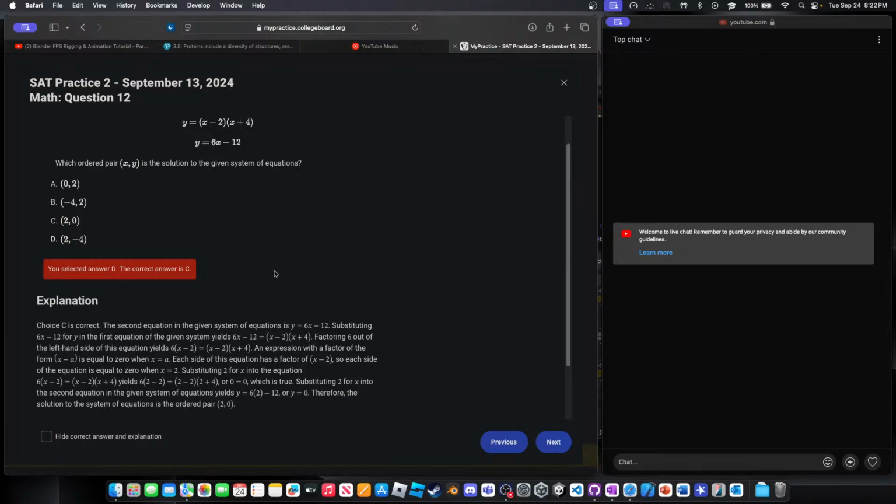Oh, what they did is they factored out 6 from 6x minus 12, so you would get 6 times x minus 2 is equal to x minus 2 times x plus 4. And now you can just cross x minus 2 out after dividing on both sides, and then you would get 6 is equal to x plus 4. And then after that, you would get x is equal to 2. So 2 would have to be one of our answers.